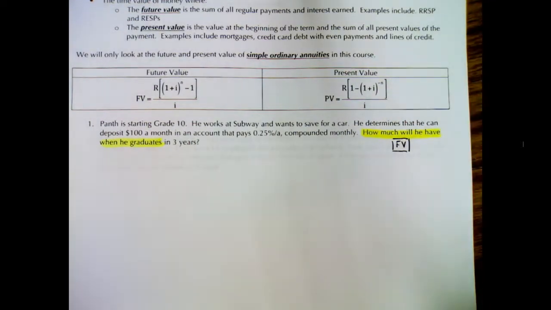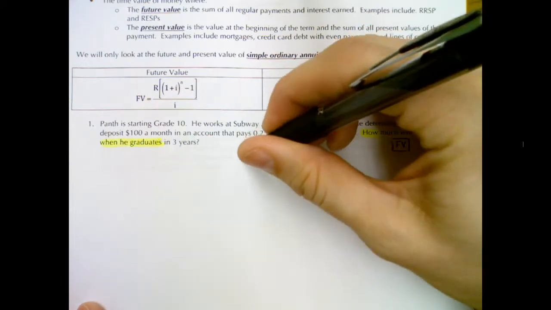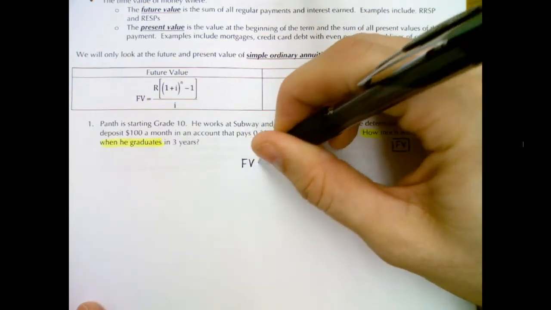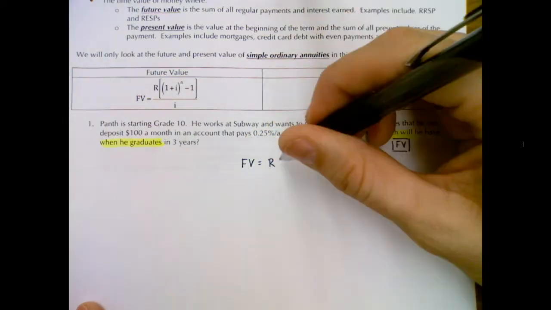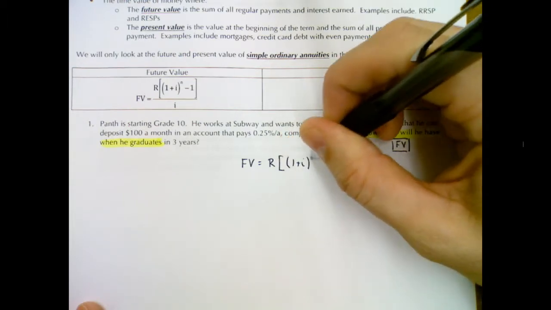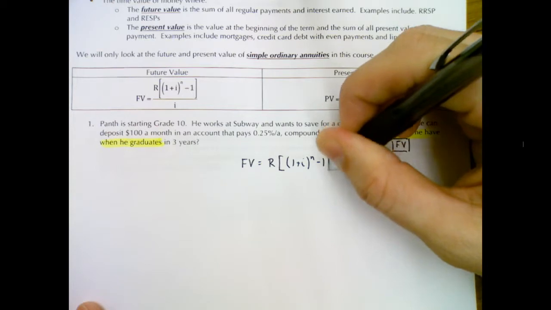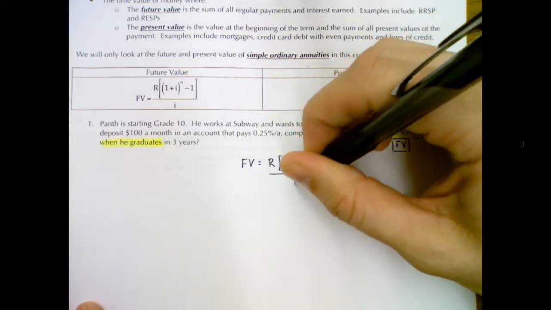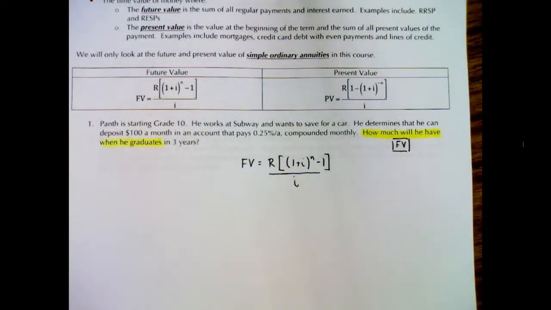So the equation we're going to use is the future value equation. And since we're looking for that amount, we're going to use the equation directly as it's written. FV equals R, big bracket, 1 plus I to the exponent n minus 1, all divided by I. And now we look in the question to find out what we know about the right side.